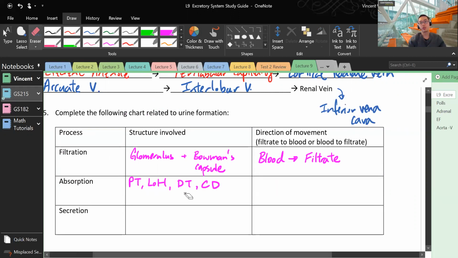So along the rest of the way, you're going to be taking back stuff from the filtrate back to the blood. Okay. So filtrate is the stuff inside here, and then we're going to be absorbing back into the peritubular capillary, which is the web that opens up around the entire nephron.